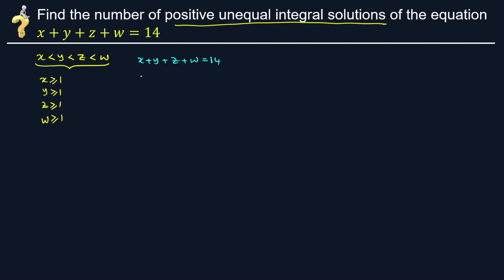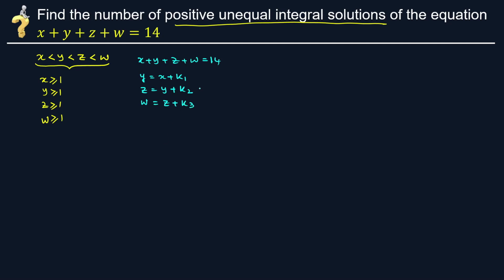Let us say y is nothing but x plus k1. Your y is greater than x. I am introducing a dummy variable, let us say k1, such that if you add this k1 with x, we are going to have y. Is it clear? Similarly, z can be written as y plus k2 and w can be written as z plus k3.